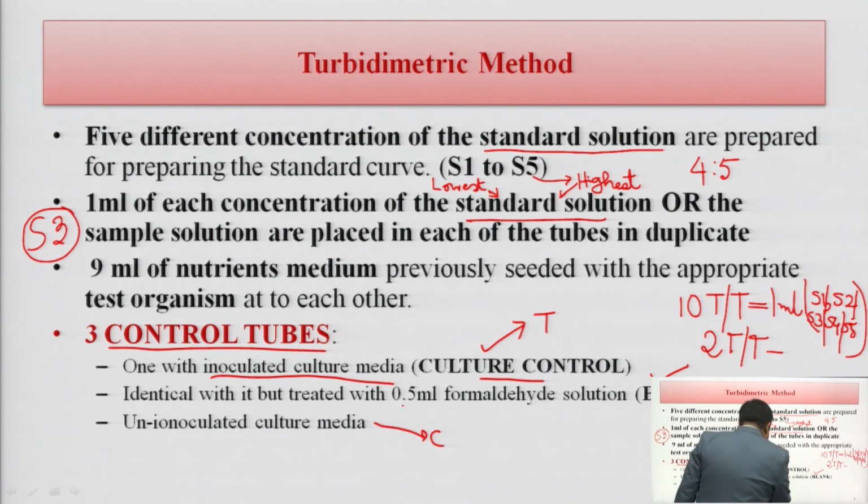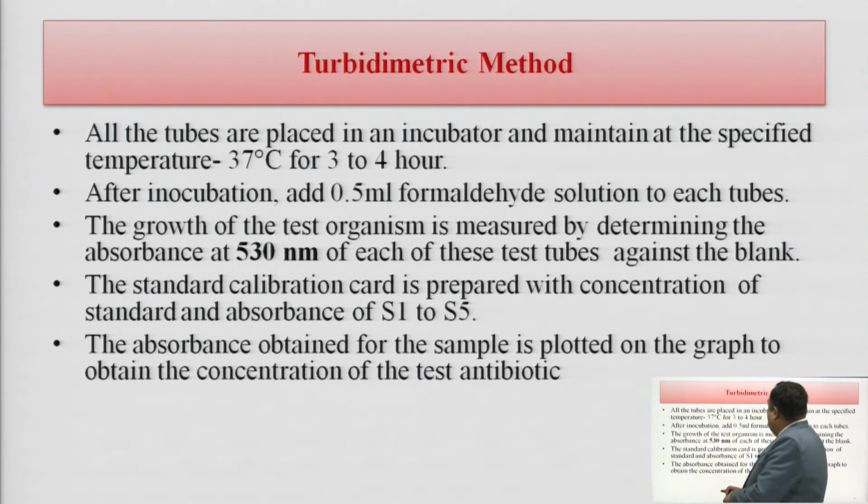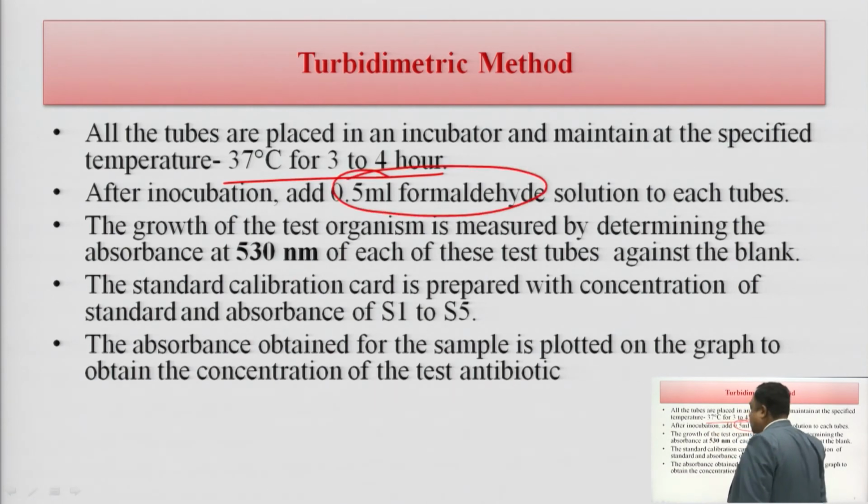and we are adding 0.5 ml formaldehyde solution as a blank, so that this formaldehyde will arrest any further growth of bacteria. Then all these test tubes are placed in an incubator at 37 degrees for 3 to 4 hours, where we are adding 0.5 ml formaldehyde solution to prevent the growth.